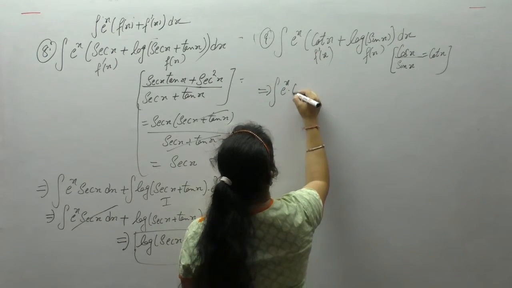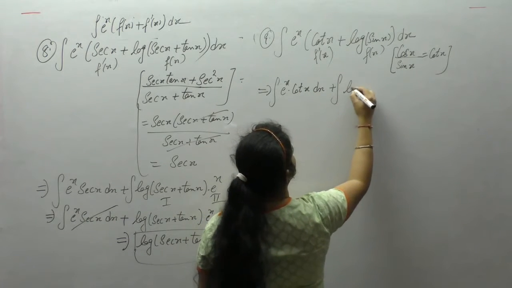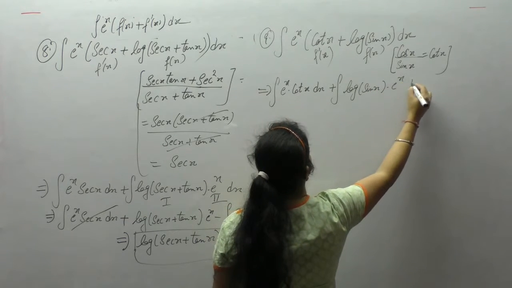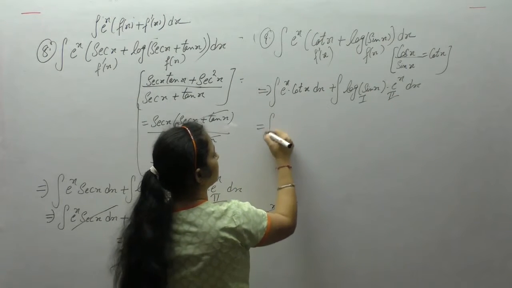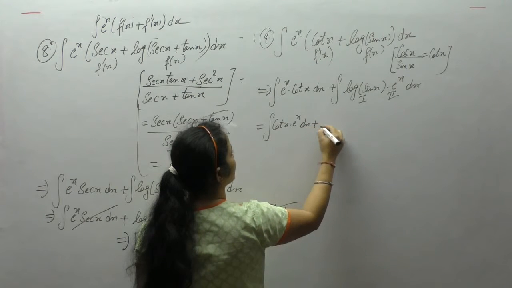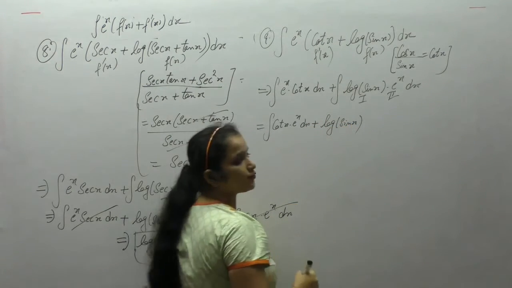e^x into cot of x plus log of sin x e^x. Take this term as first and second. Cot x into e^x dx plus first function as it is, integral of second.